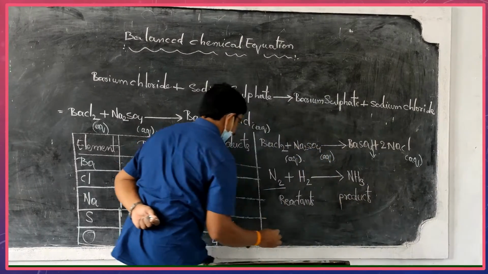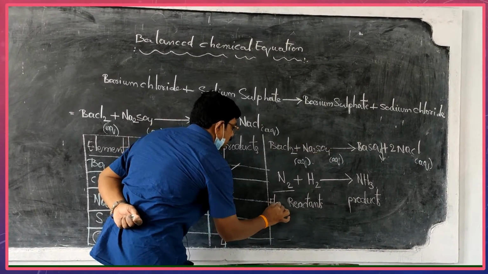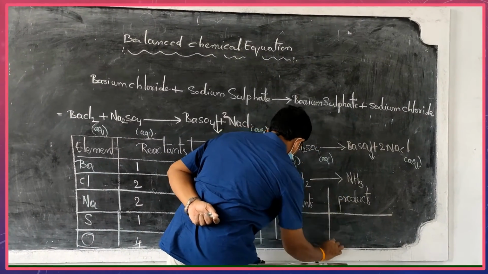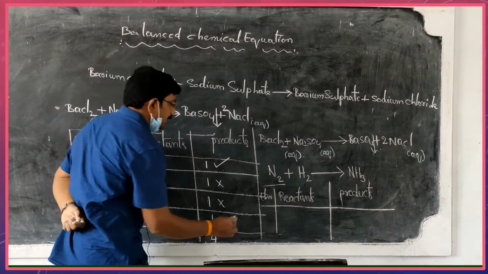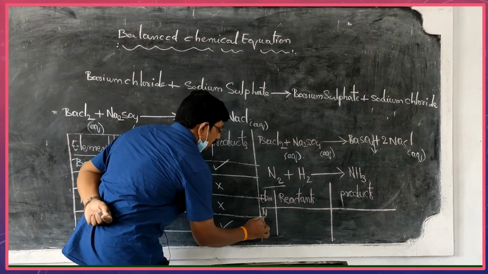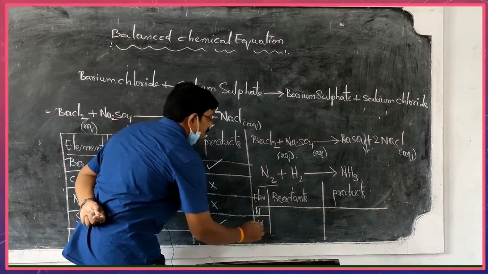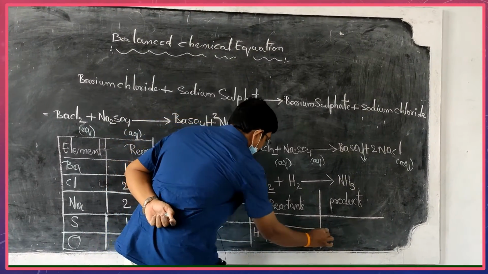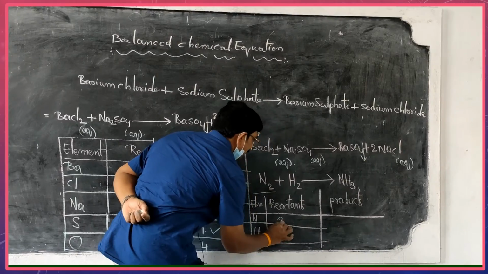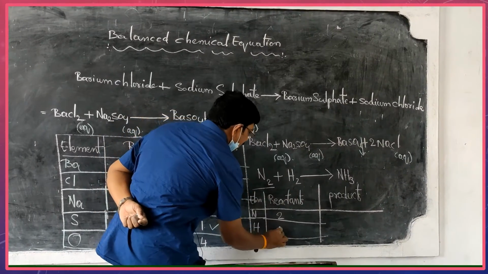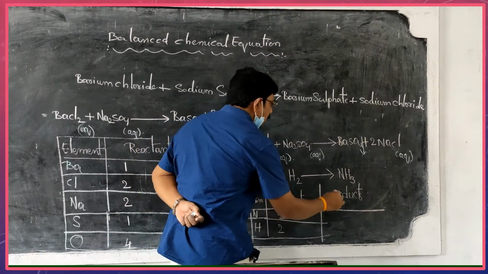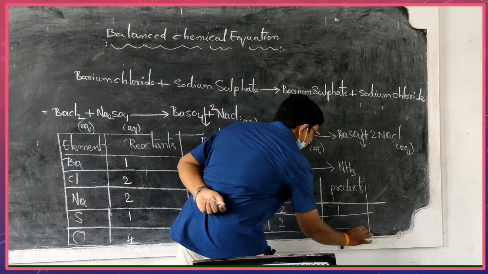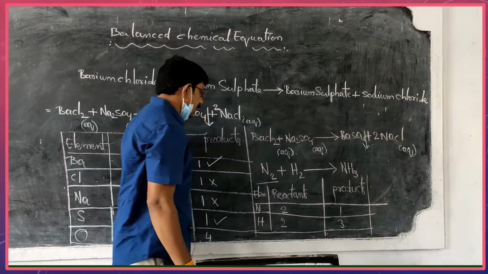Tell me, what are the elements present? Nitrogen is present, hydrogen is present. Only 2 elements are present. On the reactant side, how many nitrogens are there? 2. Next, how many hydrogens are there? 2. Next, here on the product side, how many nitrogens are there? 1. Hydrogens? 3.